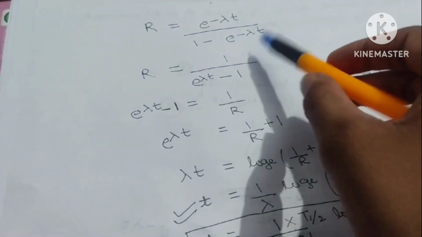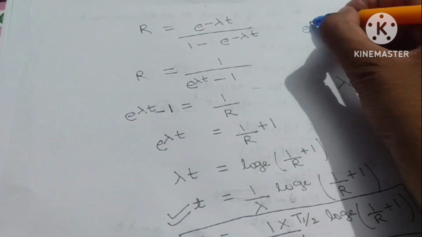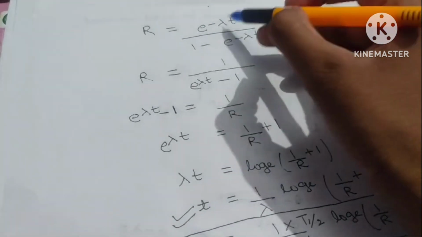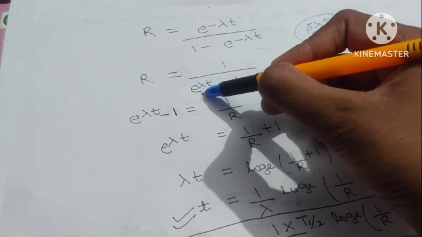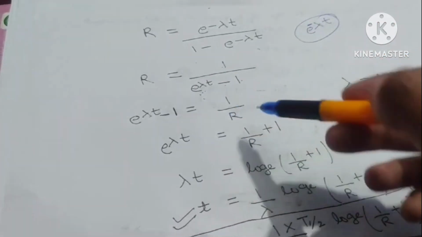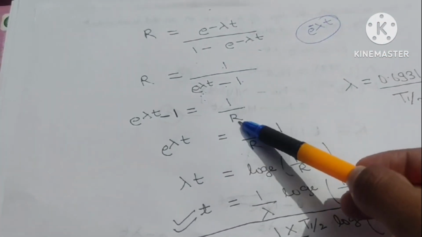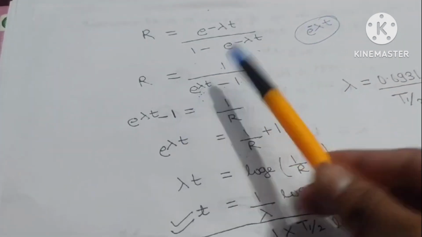Okay, what we'll do, we'll divide the numerator and denominator by e to the power minus lambda t. After dividing it, we'll get 1 by e to the power lambda t minus 1. So we will not shift the R value.